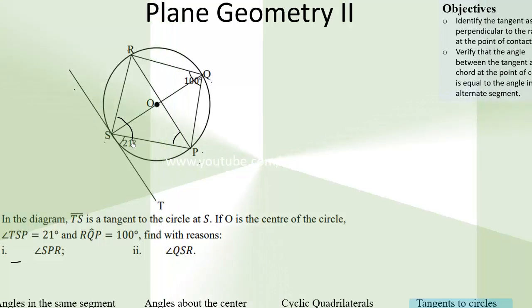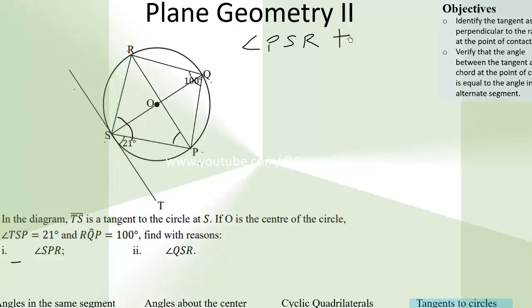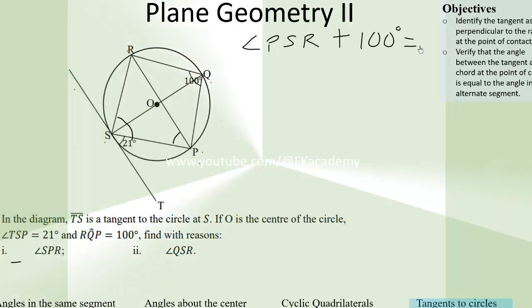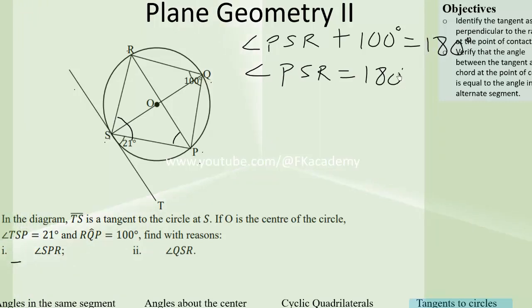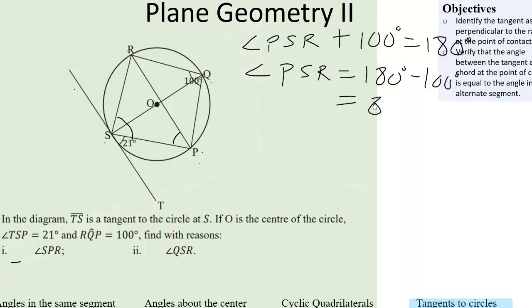So angle PSR plus the 100 degrees angle should be equal to 180 degrees. So angle PSR is equal to 180 degrees minus 100 degrees, which is equal to 80 degrees.